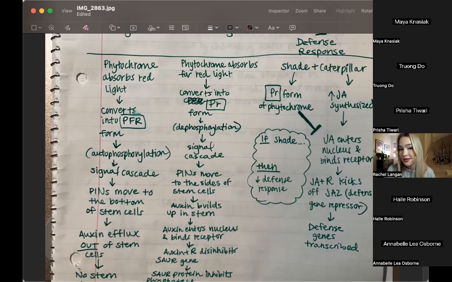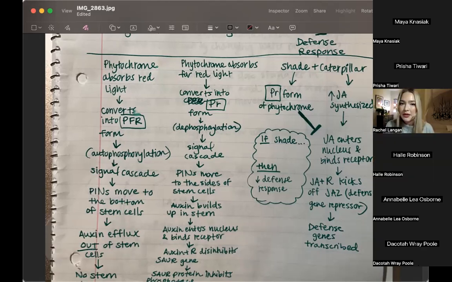So you need to know what JAZ is: JA, JAZ, and their relationship to defense. Those words are going to come up on the test, so you should know what they are, but not the exact mechanism. You should just say, if it's in the PR form, then the defense genes are not going to get transcribed. Either it's going to block the JA receptor, or it's going to prevent the JA receptor from binding to JAZ, or something down there is getting interfered with. We don't know exactly what it is.